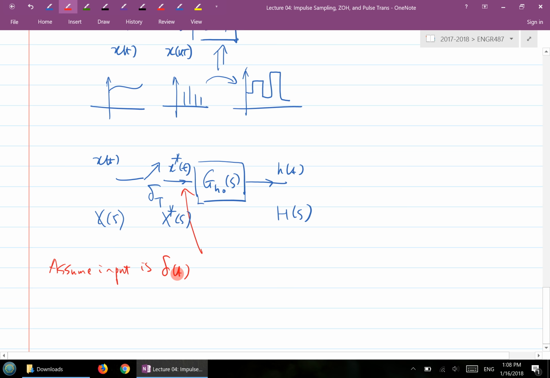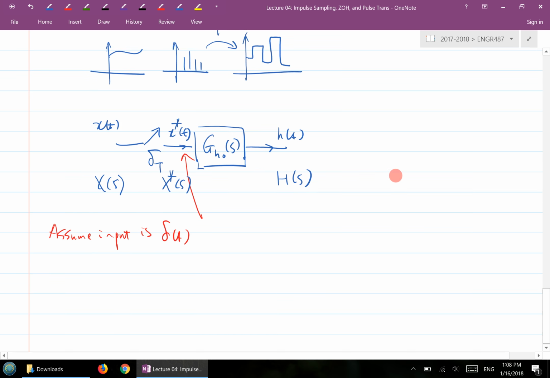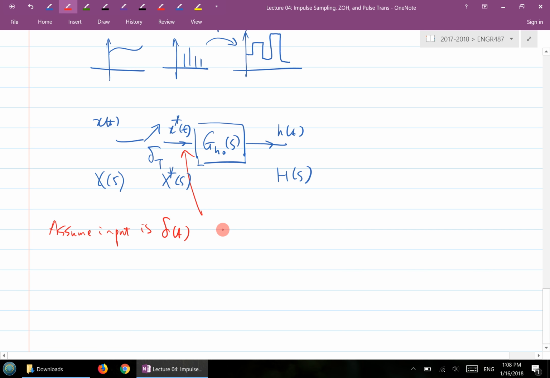So if that's the case, then after the impulse passes through the impulse sampler, at this location pointed by the arrow, there's nothing else but an impulse.